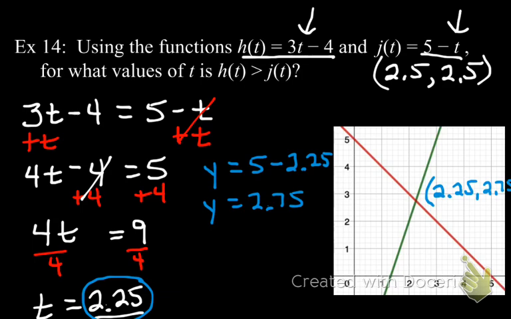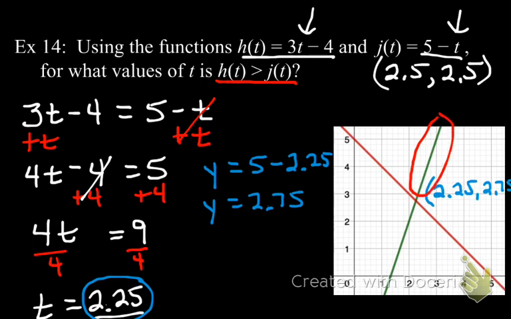Now here's what that tells us. The question wasn't actually where do they intersect. The question was, for what values is h of t greater than j of t? Well, h of t is the green line. J of t is the red line. They want to know when the green line is higher than, or greater than, the red line. So that's going to be this area right here.